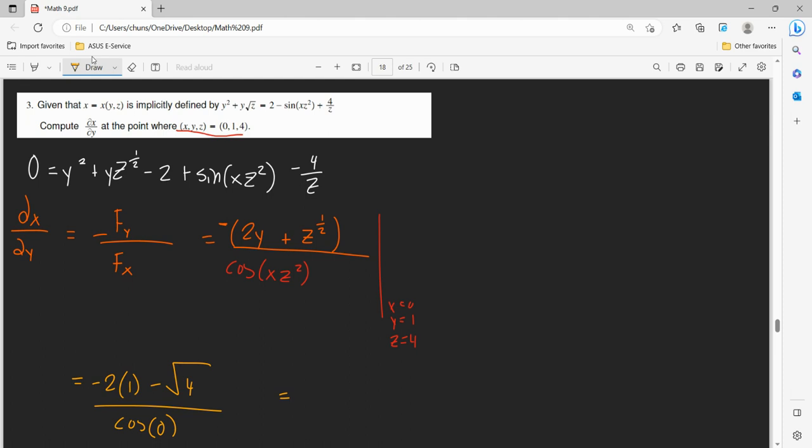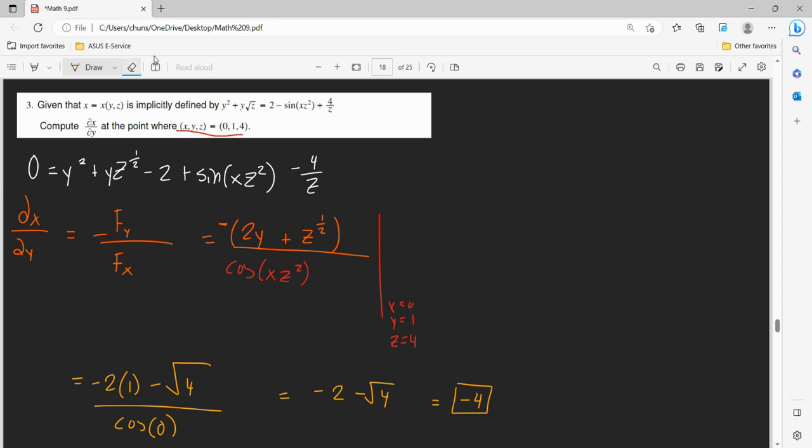Cos 0 is equal to 1, so this is just going to be our top term. So this is negative 2 minus square root 4, which is equal to negative 4.